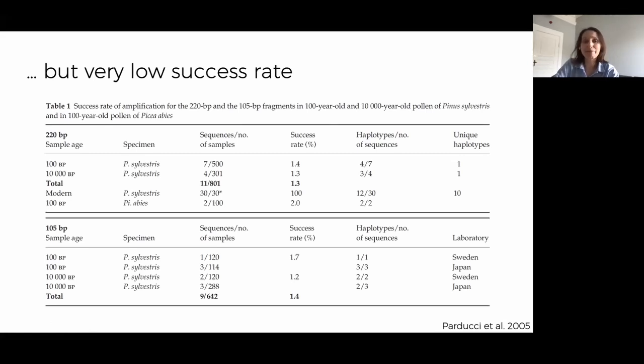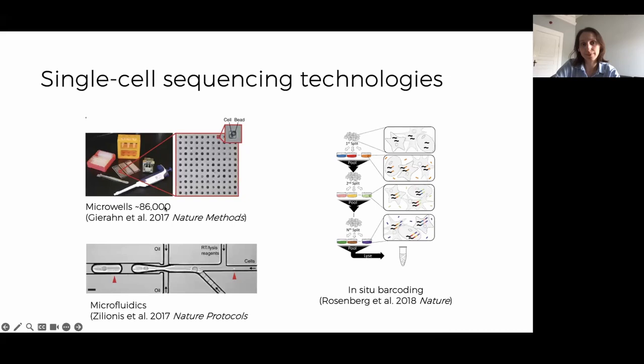So as you can imagine, if microfossil DNA should be taken up as a method, we have to find a way to actually screen grains and process grains faster or in a more automated way. So several years ago, when we started this line of research, we decided that to do that, we would try single-cell sequencing technologies. Back then, those were emerging technologies.